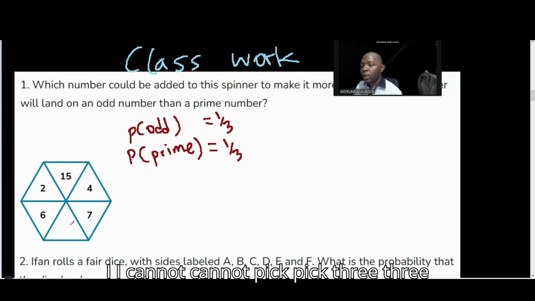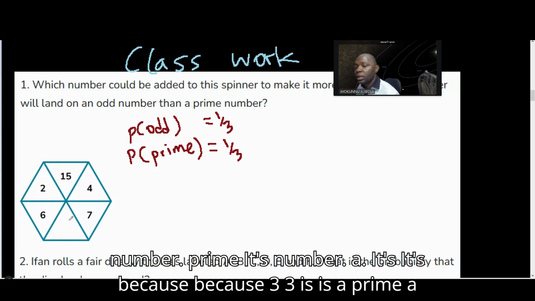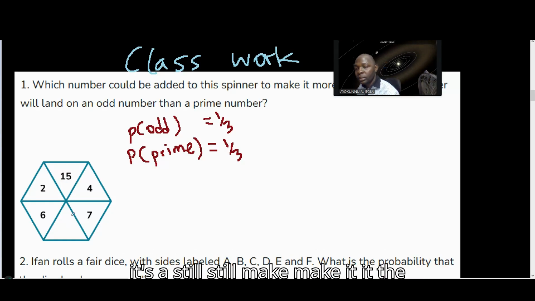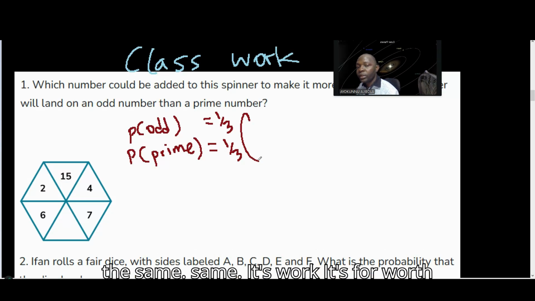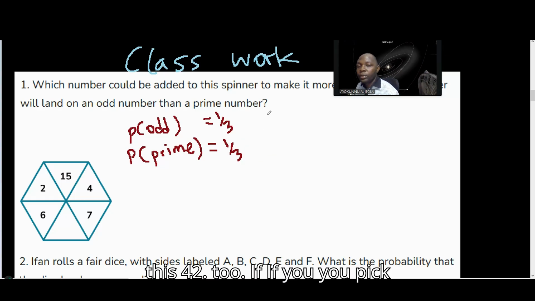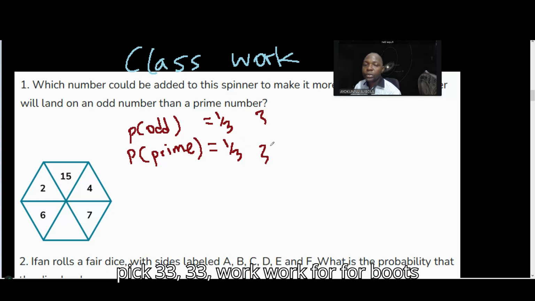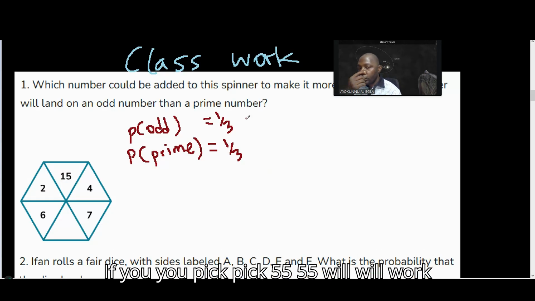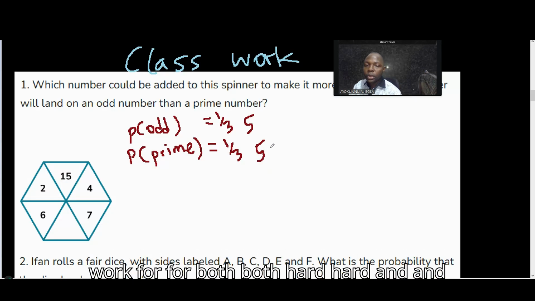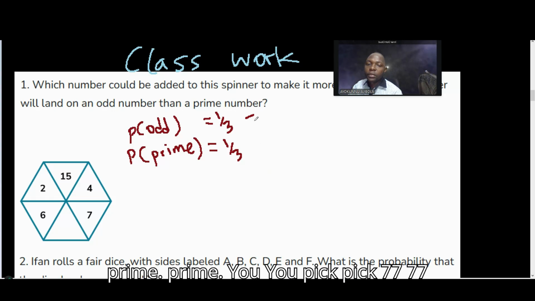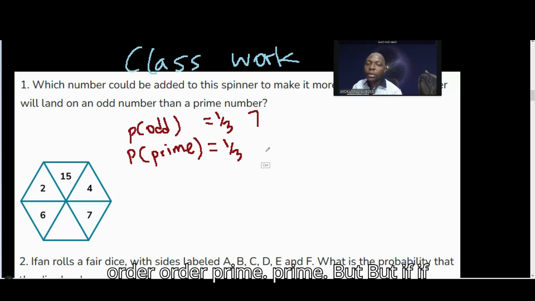I cannot pick 3 because 3 is a prime number. It will still make it the same. It will work for the 2. If you pick 3, 3 will work for both odd and prime. If you pick 5, 5 will work for both odd and prime. If you pick 7, 7 will work for both odd and prime.